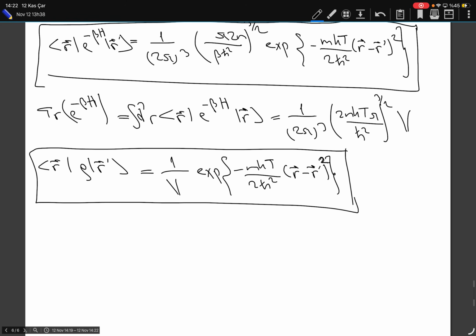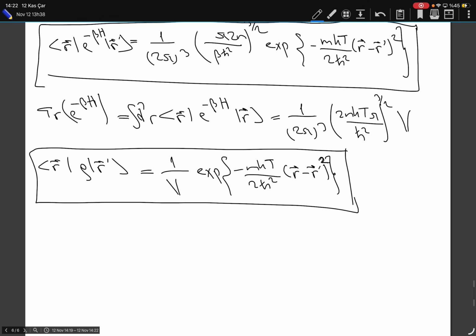Well, if you look at the off-diagonal elements, they basically measure, in a sense, the spread of my particle, or the correlation of my particle to be in one position or the other one.